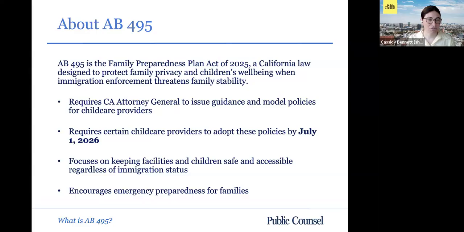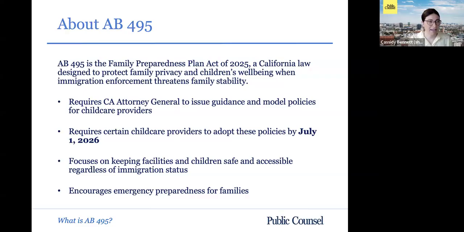The law is designed to ensure the safety and privacy of children and families, as well as the accessibility of childcare homes and centers, regardless of a family's immigration status. It was created to protect the continuity of care for children, to reduce fear for families, help providers respond lawfully, to preserve trust in childcare settings, and to keep the focus on child safety rather than enforcement.